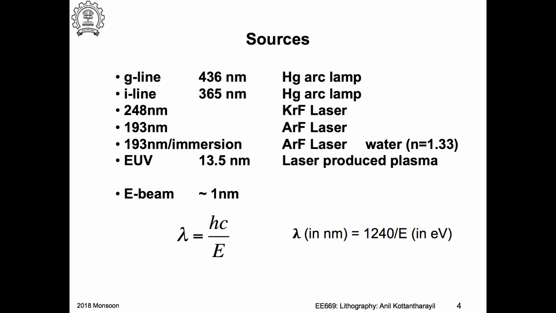You can see that the light sources or excitation sources used in lithography traditionally had been the G line, which is a wavelength of 436 nanometers, commonly using mercury arc lamps, and then 365 nanometer was the next one, and then 248.